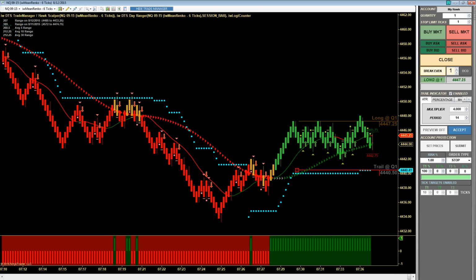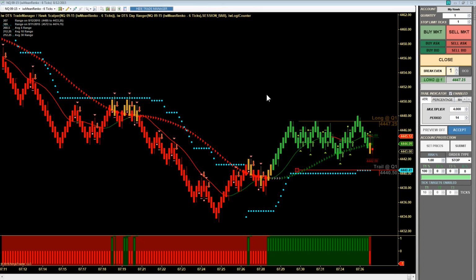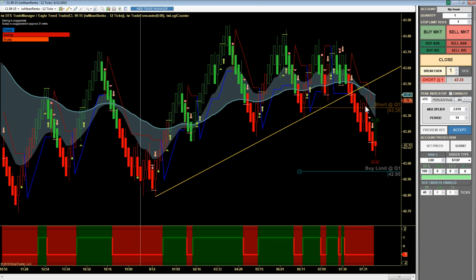Oh, speaking of break-even triggers, here was our crude oil trade on the Eagle, which I almost forgot all about. We shorted it, and we've since hit our break-even trigger.